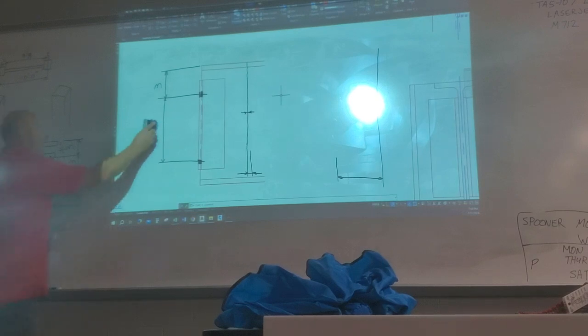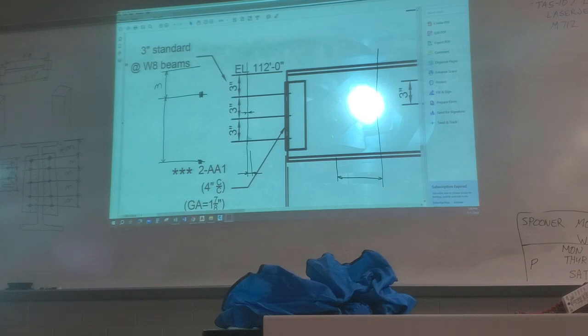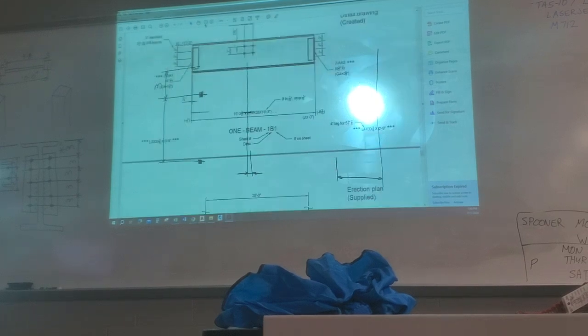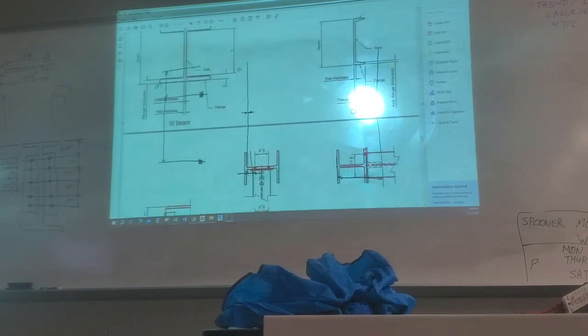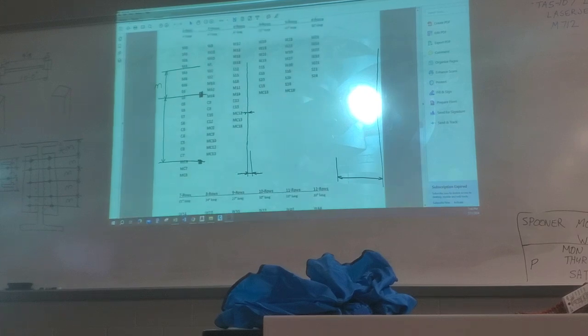If the member that I give you is a W18, you're going to come back over here. You're going to go to that chart and you're going to say, well, here's the W18, 3 rows. Let me look at the next one. Here's the W18, 4 rows. Let me look at the next one. Here's the W18, 5 rows.